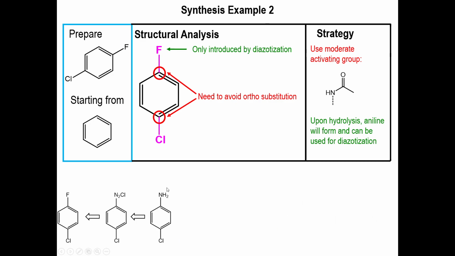Now, the amino group can be formed from the acylated version, which is the amide. And this is a group that is moderate in terms of its activating power. So what that means is that we could actually start from the amide derivative of this benzene ring and do the chlorination.